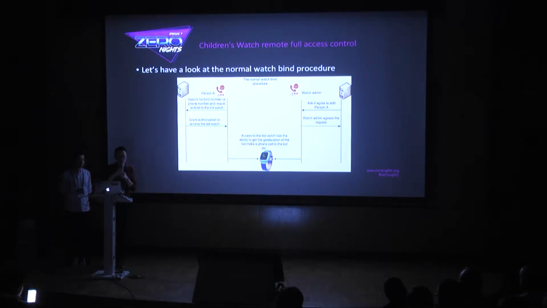The kids can communicate with their parents anywhere and anytime, and the parents can get the geolocation of their kids, make a phone call to them, and so on. If criminals gain control of any kid's watch, they can attack the kids easily.